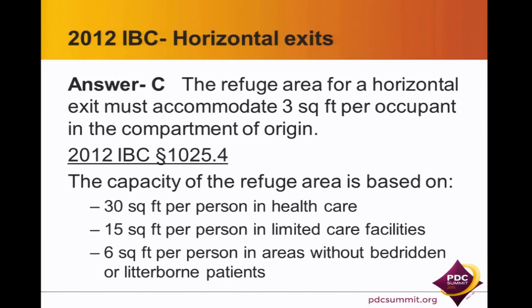There was a case that I worked on, and this was an existing facility, but they tried to alleviate an exit issue by creating a small horizontal exit in one portion of their building. Well, the problem was the corridor on the other side of that horizontal exit might have been 200 feet long, if that. So to have that small space serve this entire floor, it was really not permitting the proper refuge area requirements.